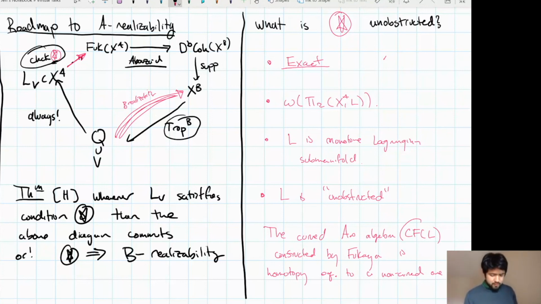There's an algebra that you can associate to every Lagrangian submanifold, this curved A infinity algebra. It looks like a chain complex that comes with a differential, but the differential doesn't square to zero. And there's an algebraic obstruction to trying to make the differential square to zero. If you can solve that algebraic obstruction, then your Lagrangian is called unobstructed and it has a well-defined Floer cohomology.